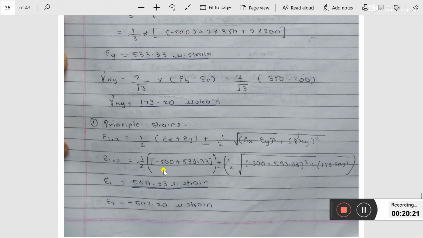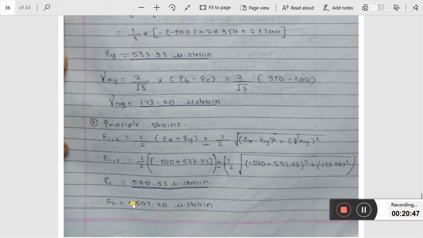Here, in the second step, I have kept the values of epsilon x and epsilon y with plus or minus as it is, then the 1/2 also as it is, once again epsilon x minus epsilon y in square bracket, and gamma xy as it is, squared. By solving this equation, I get epsilon 1 by making the addition and epsilon 2 by making the subtraction.